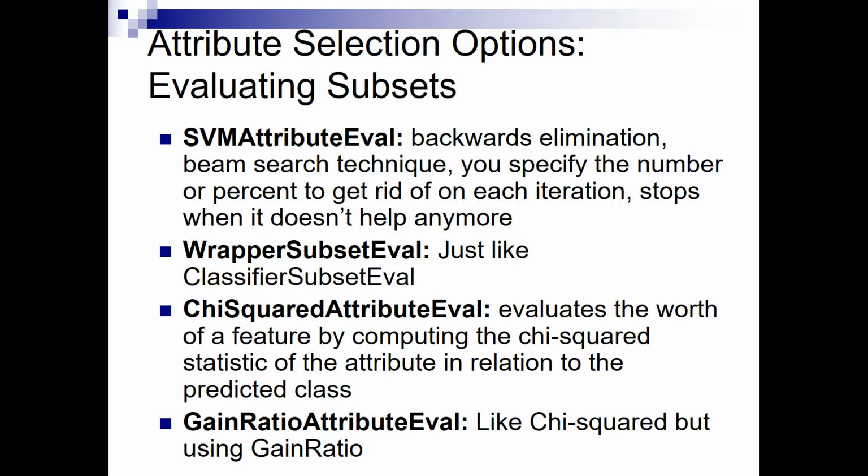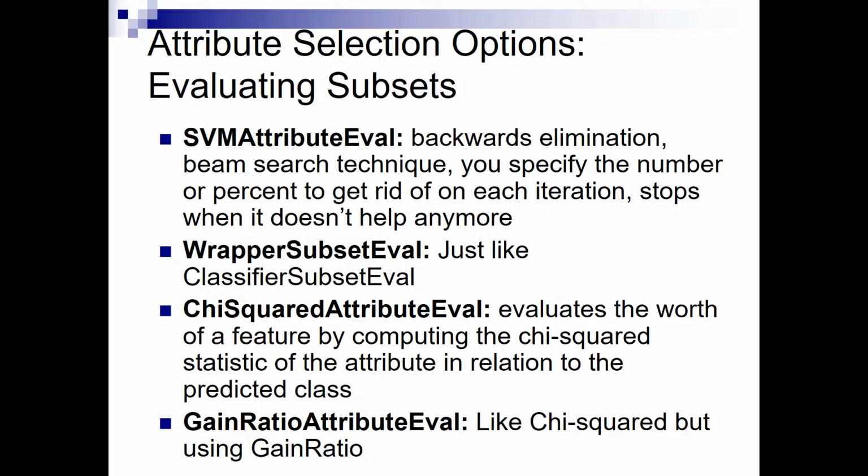SVM attribute eval is a beam search technique. It is like classifier subset eval, but using specifically SVM and specifically backwards elimination. Wrapper subset eval is essentially just classifier subset eval renamed.